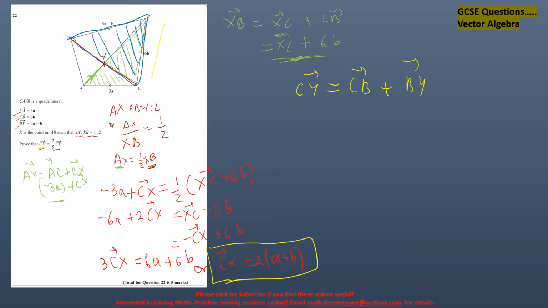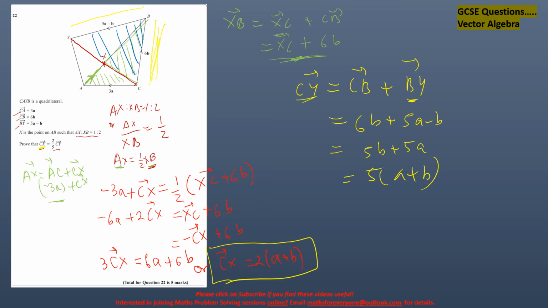I erased it so I can see where the arrows are, because that's important. The CB is going towards B, so CB plus BY. CB is 6B plus BY equals 5A minus B. So that equals 5B plus 5A, which equals 5 times A plus B. So CY equals this and CX equals this.